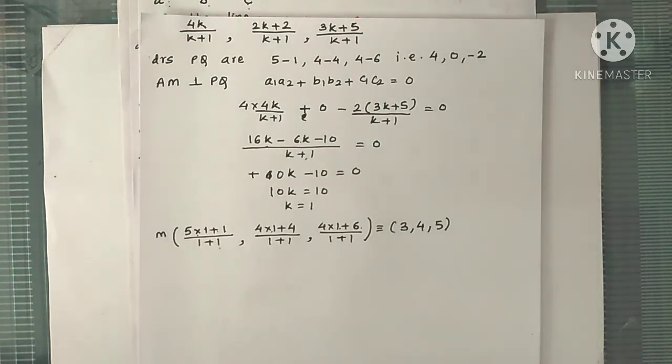Then find direction ratios of PQ and use that AM is perpendicular to PQ. For that we are using A1 A2 plus B1 B2 plus C1 C2 equal to 0, and using that we can find the unknown k, and substituting k we can find the coordinates.